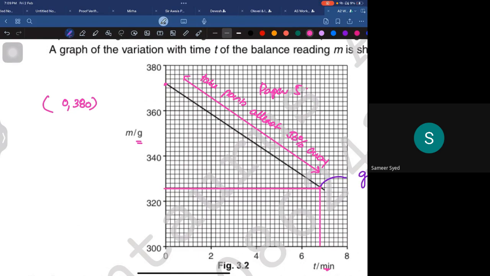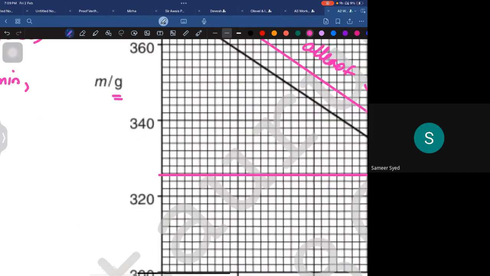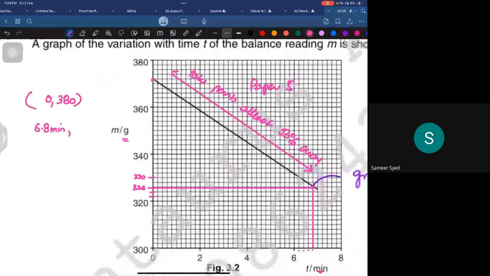This is about 6.8 minutes, and this value, if this is 330, that means 322, 324, 326. So that would be 326 grams.